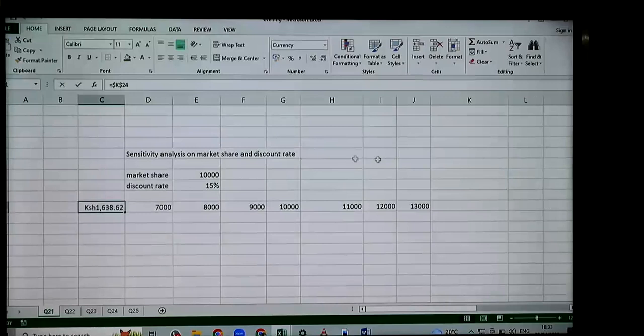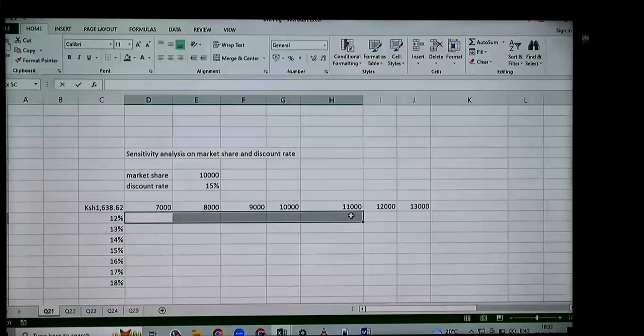Then our rate is 15%, so we look for the rates lower than 15% and rates above 15%. I can start at 12%, press tab, 13%, press tab, 14%, press enter, 15%, press enter, 16%, 17%, and also 18%.